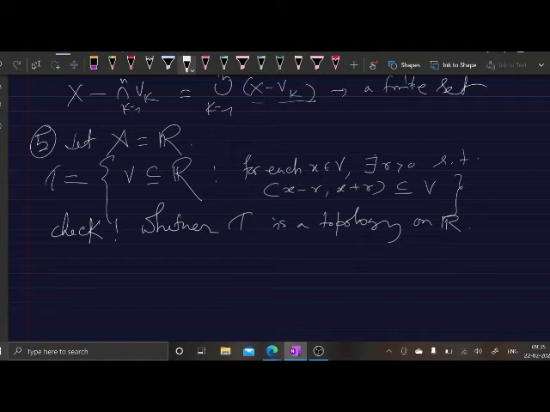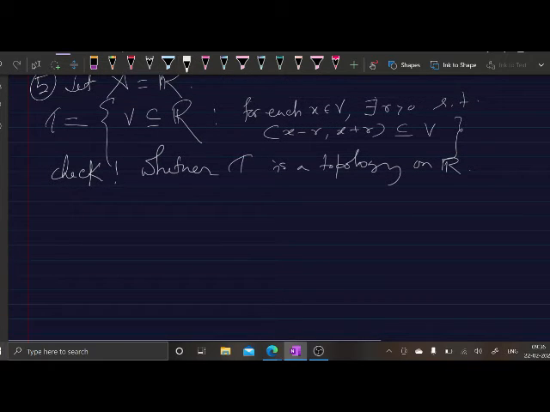Just using the definition, check whether tau is a topology. First, check whether the first condition is satisfied. Obviously, if you take R, then R must be in tau, because for every real number these open intervals are in R, so trivially it is true.